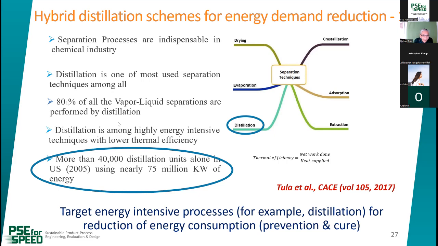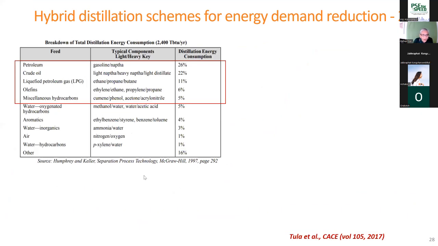And here are some values that you can see. What kind of distillation columns use the most energy? It's the petroleum industry, petrochemicals, all those hydrocarbon columns that use the most energy. The ones that you see here are difficult separations, but they do not involve too much energy. The ones that use a lot of energy are the hydrocarbon systems.